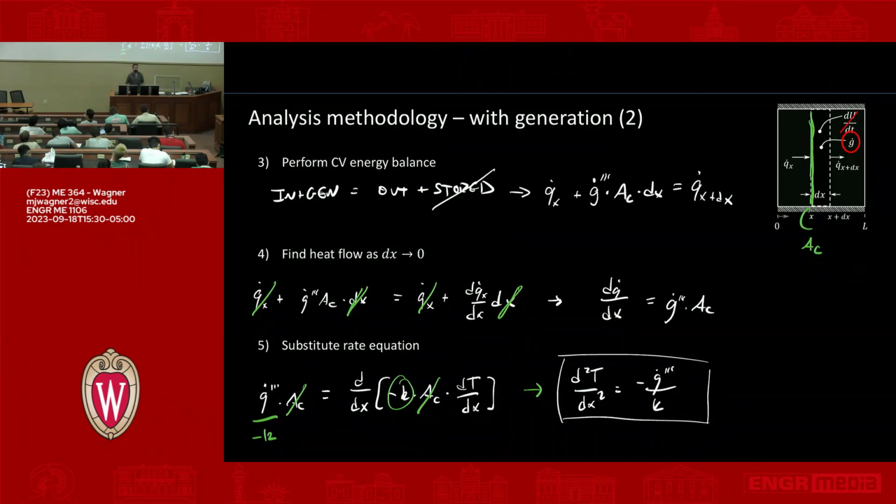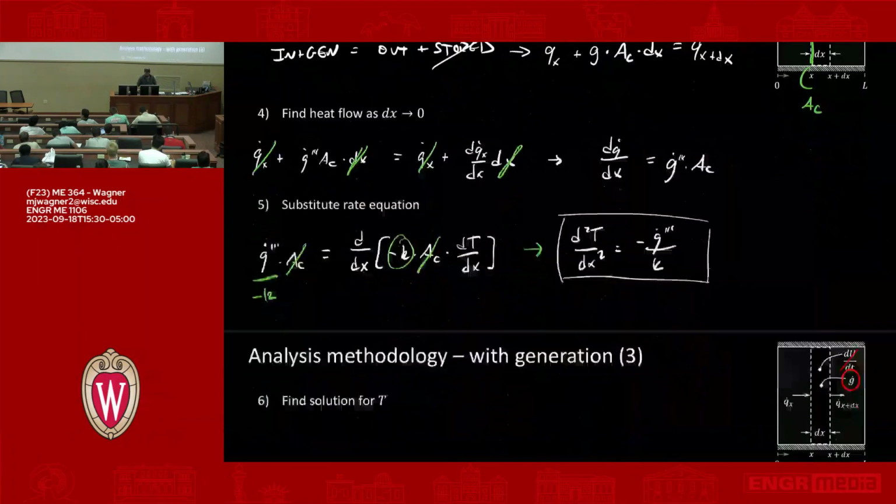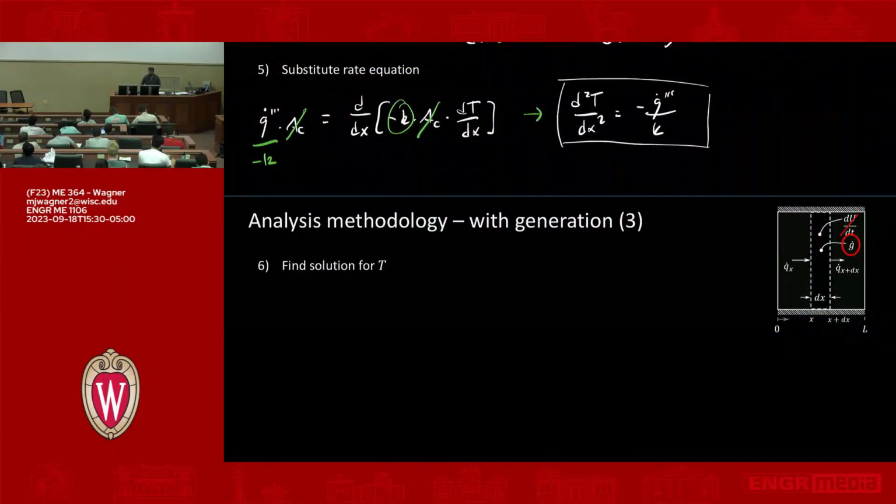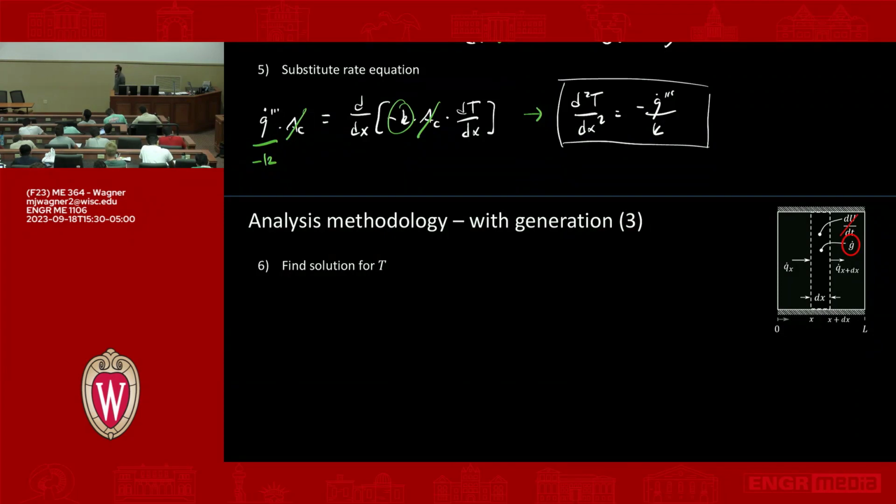From there, we're going to solve this equation. So to the next slide. Find the solution for T. So this equation, again, is separable. And hopefully you all remember what I mean by separable at this point, but basically we're saying I have two variables, T and x. In order to solve it, I need to separate them out, right?